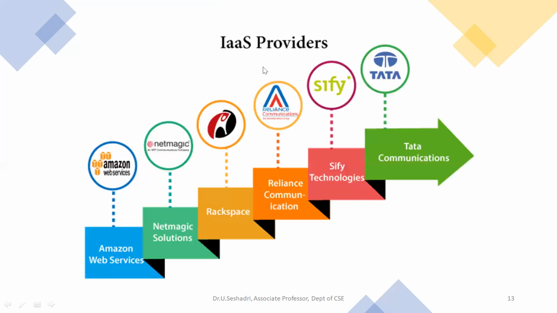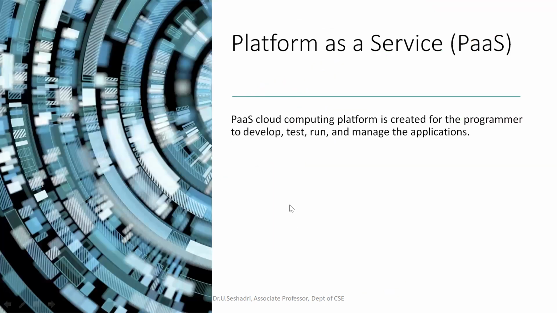The examples for the infrastructure as a service are Amazon Web Services, NetMagic Solutions, Rackspace, Reliance Communication, Shifty Technologies, Tata Communications. Next, what is the other delivery model? Platform as a service. Platform as a service is created for the programmers.